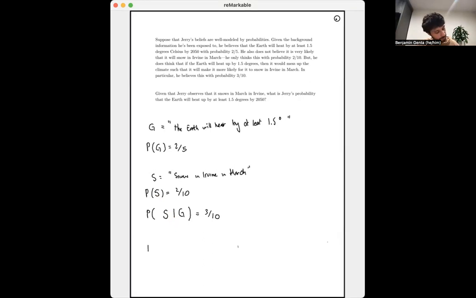And so in particular, what's his new probability of G, that global warming is true? Well, it's the old probability of G given the piece of evidence, which is that it snows in Irvine in March.